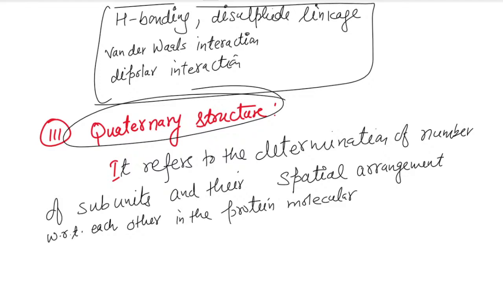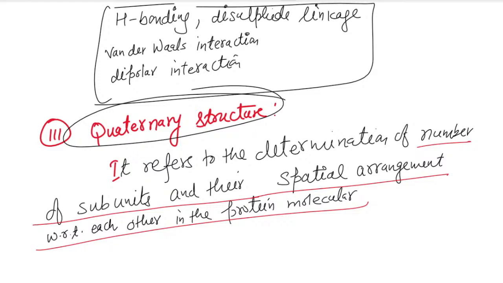And quaternary structure tells us about the stereochemistry of all the subunits, all the protomers or all the polypeptide chains. It refers to the determination of the number of subunits and their arrangement in space. So this is all about the shape of the proteins.